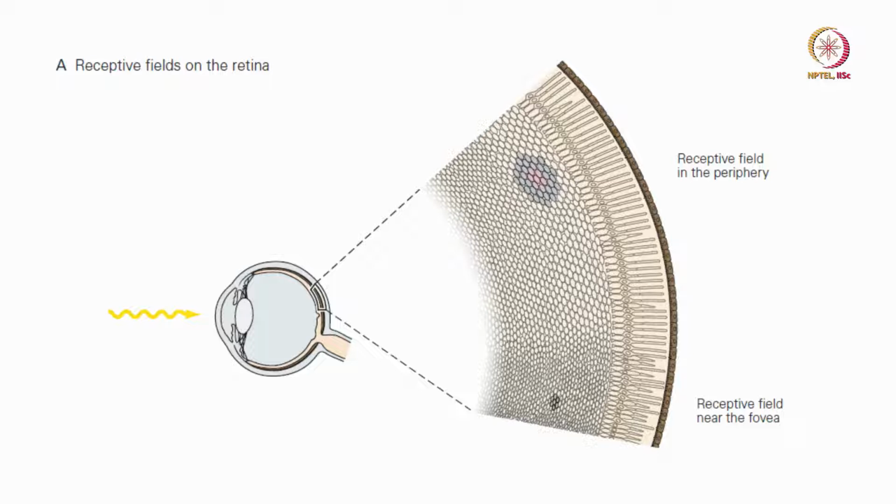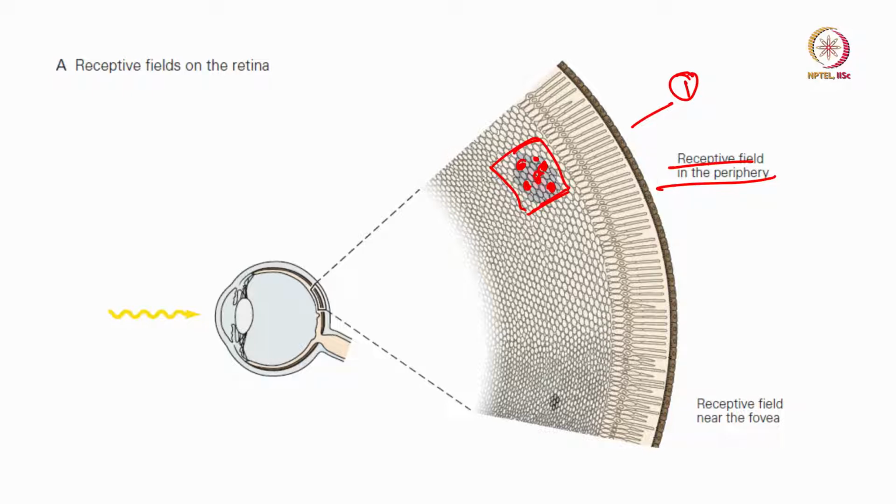So, that is the concept which is highlighted over here. In the periphery, you have very large receptive fields. So, what that means is that anywhere in that area you put in a stimulus, you would get one ganglion cell activated. It is just a numerical way of putting it.